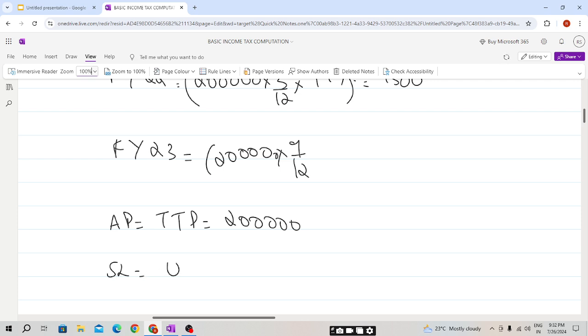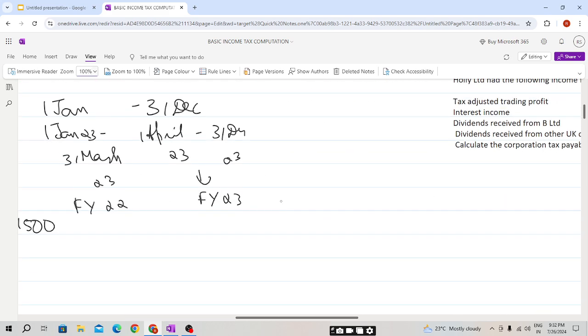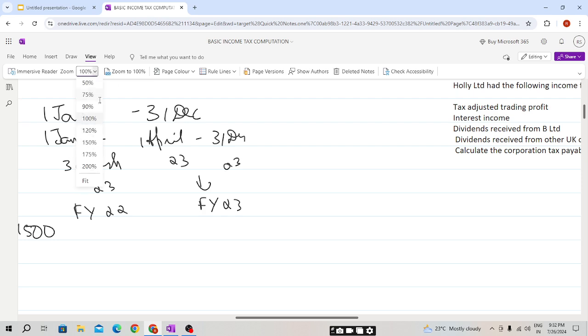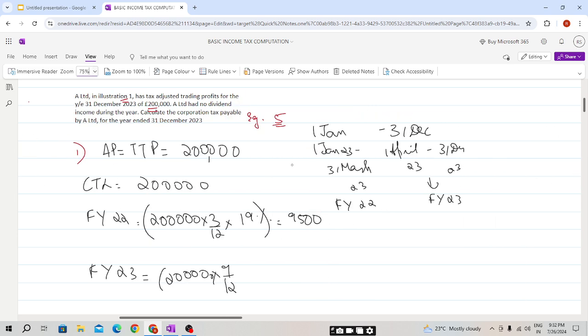Statutory limit is upper limit and lower limit. So it will be 250,000 pounds and 50,000. And these limits will be apportioned or divided based on the short accounting period or number of associated companies. Students, we have taken an example of the number of associated companies being 5.